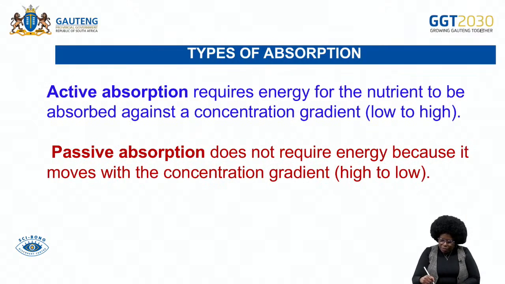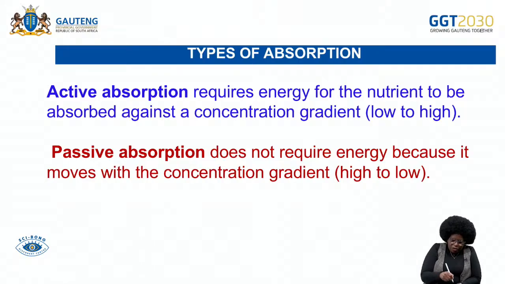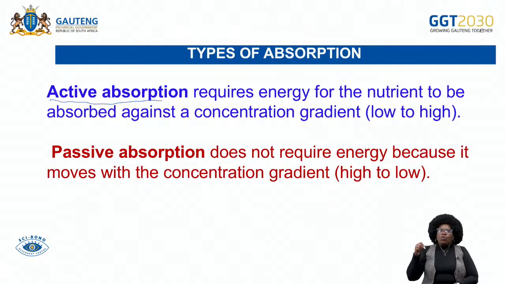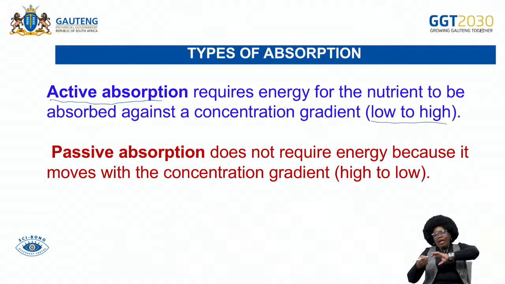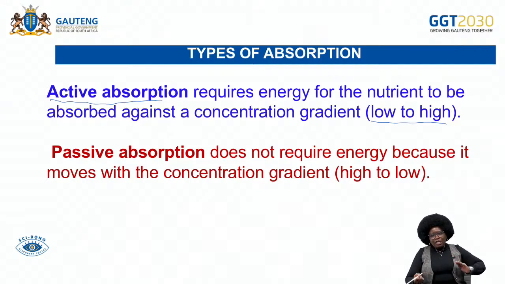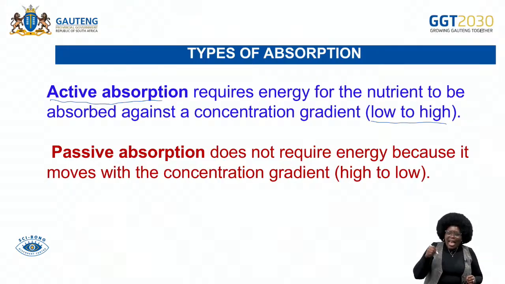I said to you that I'm going to speak on different types of how food is taken in. We have got active absorption. So active absorption requires energy for the nutrients to be absorbed against the concentration gradient, from low to high. So when we've got low concentration and substances must move to high concentration, there's a need for energy.